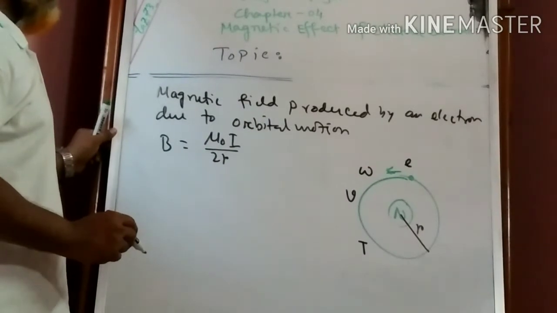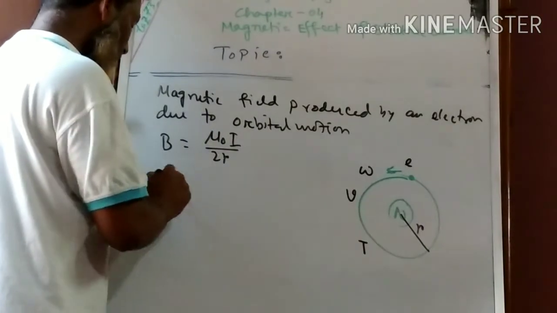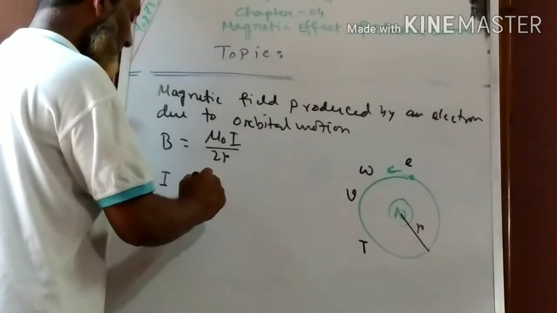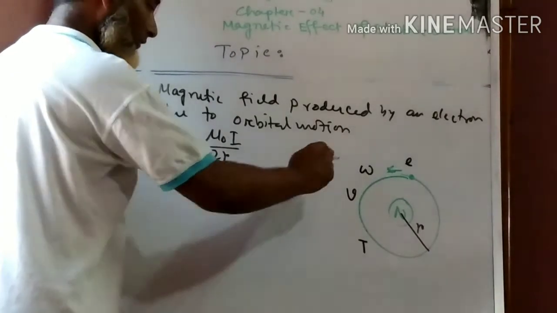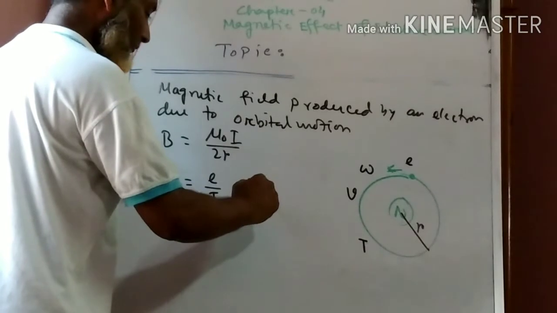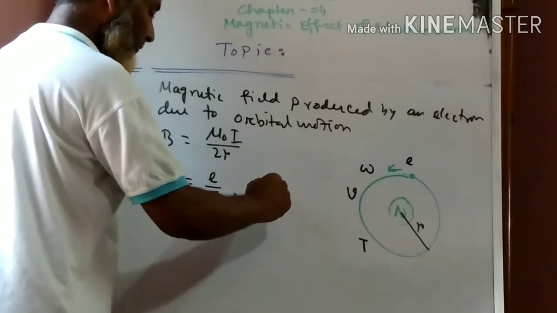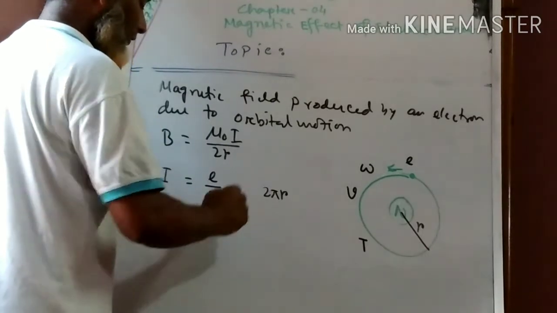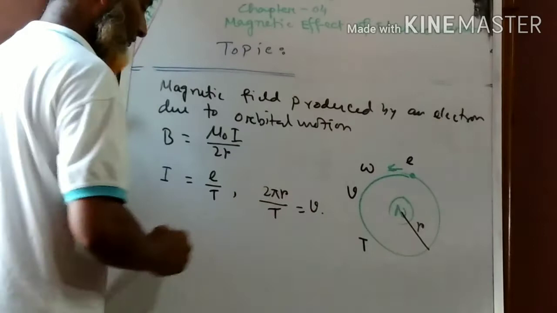So B equals mu naught I by 2r. Then again I equals e by t. Now the velocity of the electron is v. So what is the total distance? Total distance is 2 pi r. Total distance by time equals velocity.